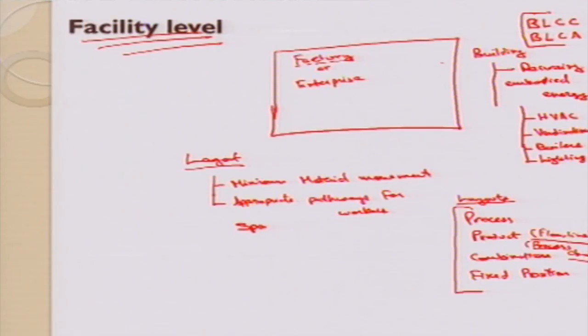For machine 1, machine 2, machine 3, what the distance between these should be depends upon the type of operation that is happening, the size of the machine, the number of workers who are to work on that, and all those things. So the span between machines, this is appropriate pathways, it is all covering that. So, this is the facility level.